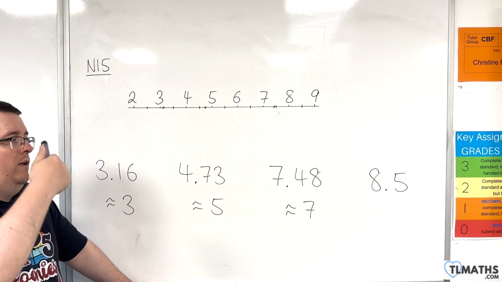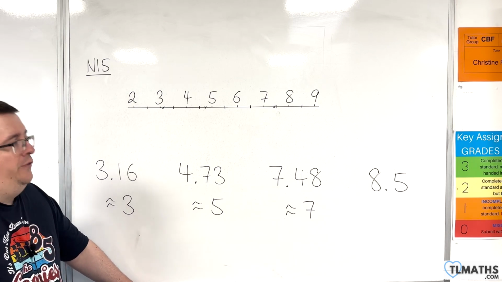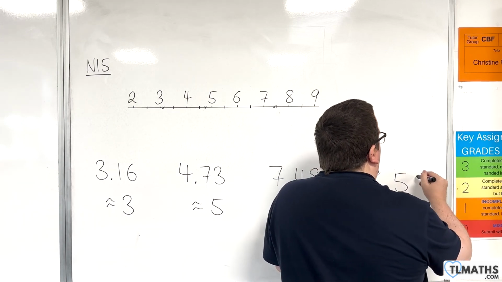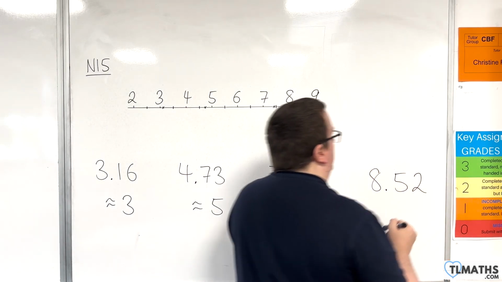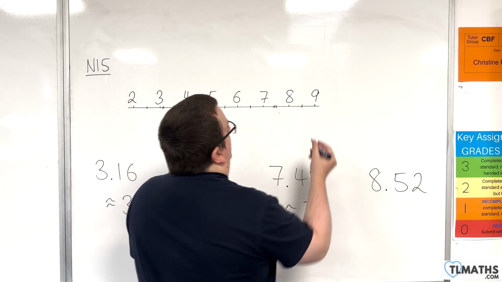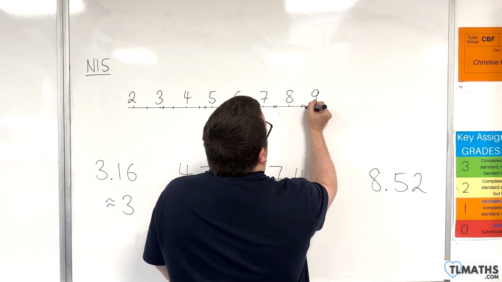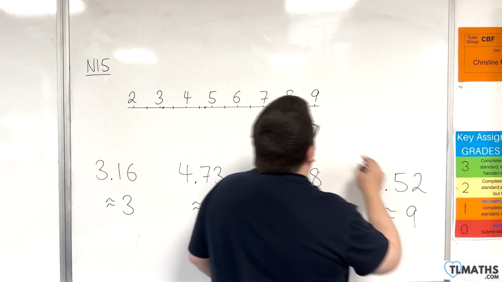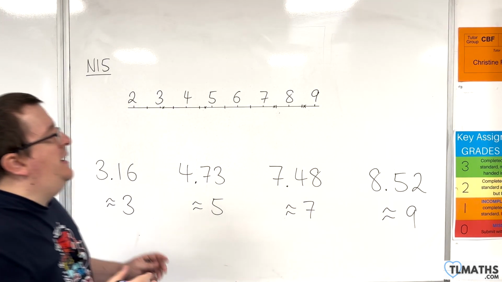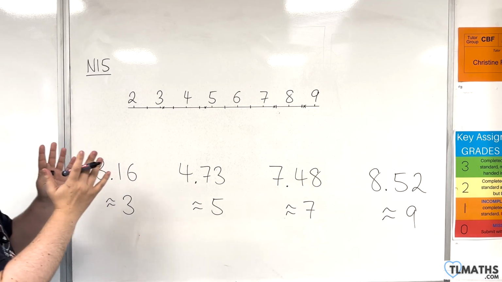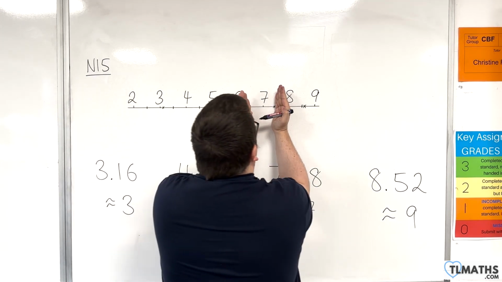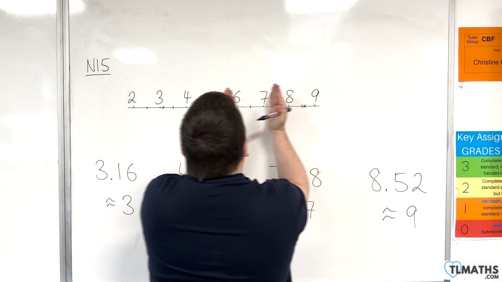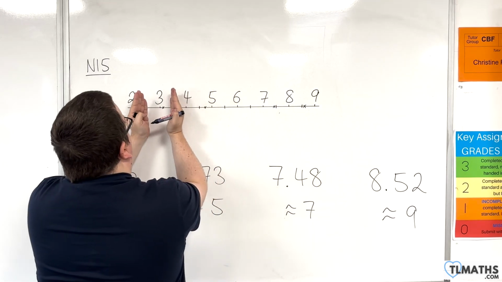So when it was 5, so let's say, for example, this was not 8.5 but 8.52, okay, then 8.52 would be around about there, and that would be closest to 9, okay? So you can see that each of the numbers has this kind of trapped window that they are collecting these numbers from.